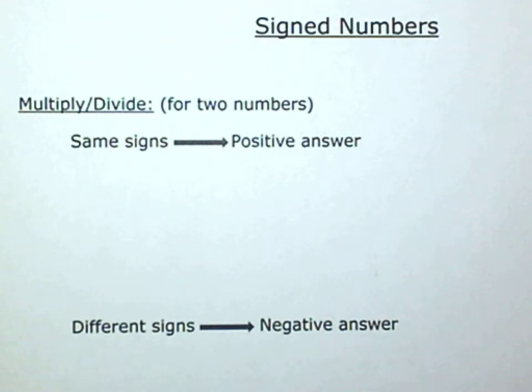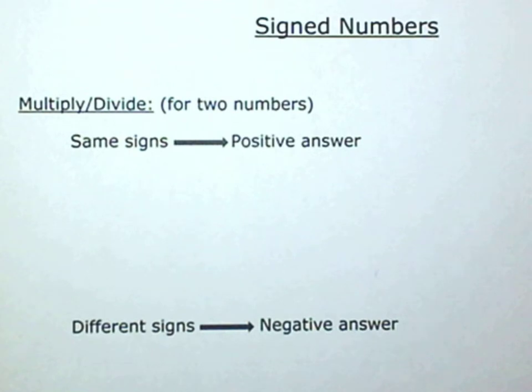There are rules that we use when we are doing math with signed numbers, and the rules we use depend on which operation we are doing. If we are going to multiply or divide two signed numbers, the rules are fairly simple. First, if the signs on both numbers are the same, we will get a positive answer.